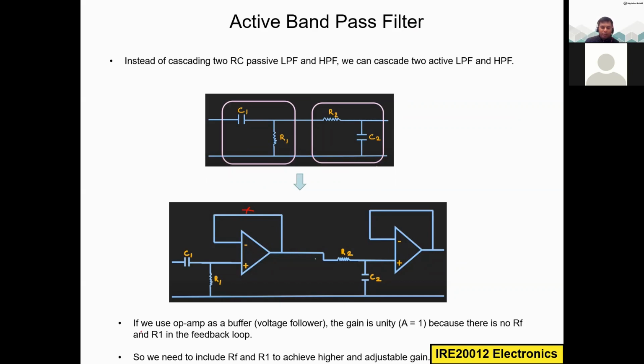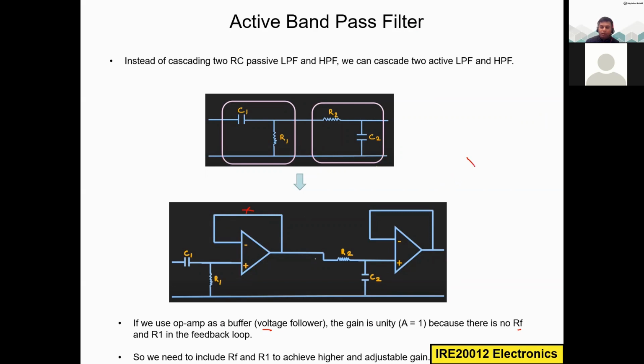If we use the op amp as a buffer, then the gain is unity, because there is no RF and R1 in the feedback loop. There are no resistors. The gain is unity because this is a non-inverting amplifier, since the input is going to the plus terminal. So this is the non-inverting operational amplifier configuration.